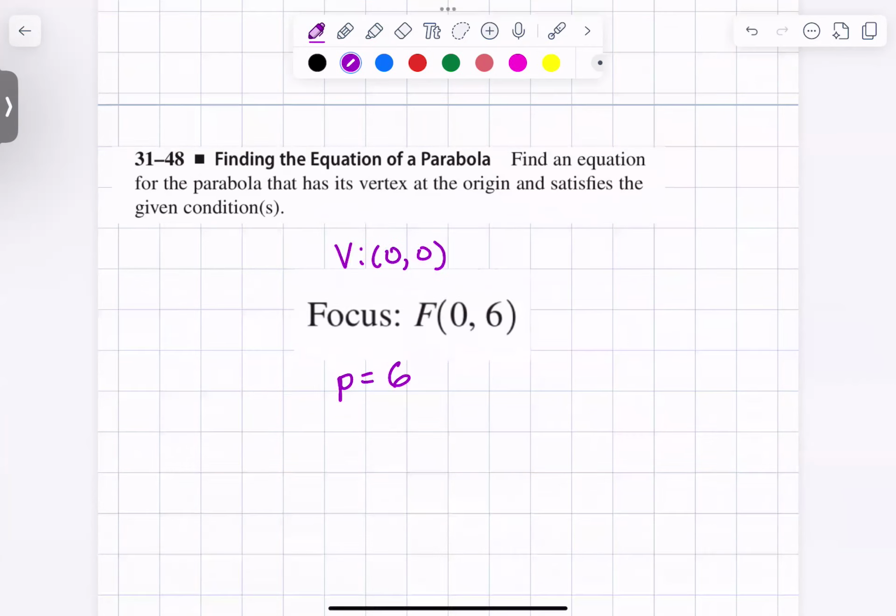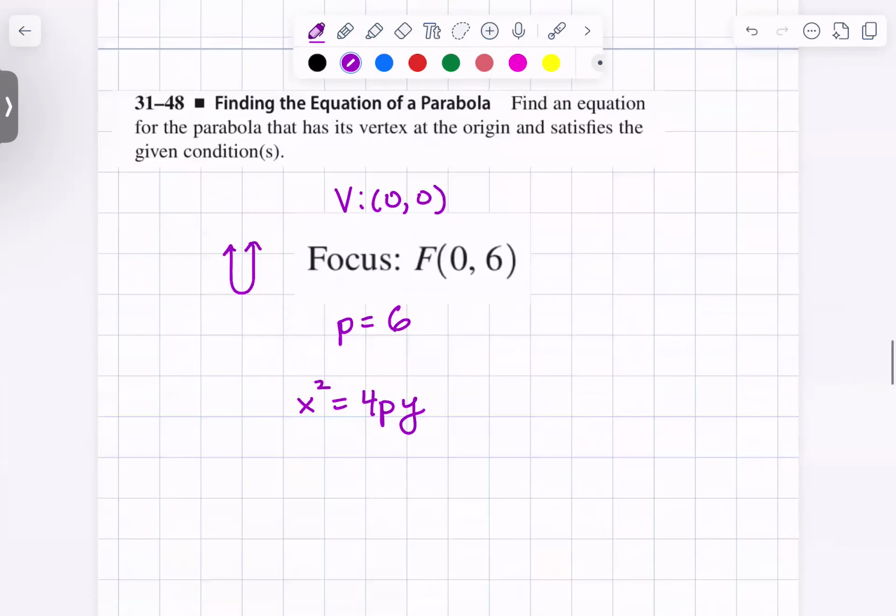Remember, my parabola always eats my focus. So it's going up. What do I know about it going up? It's going to be x squared equals 4py, right? So that's just x squared equals 4 times 6 times y, which is x squared equals 24y. That's it.